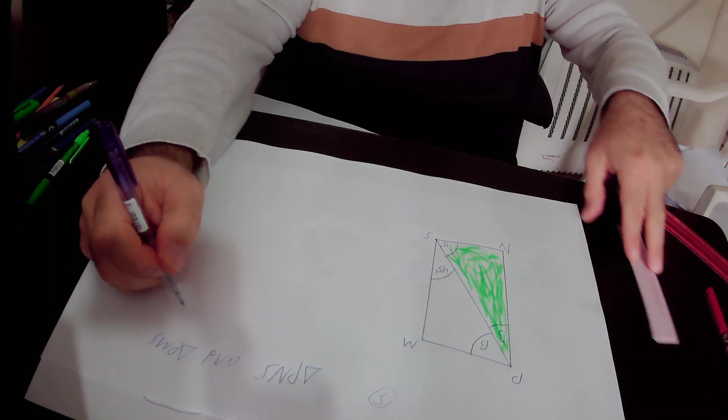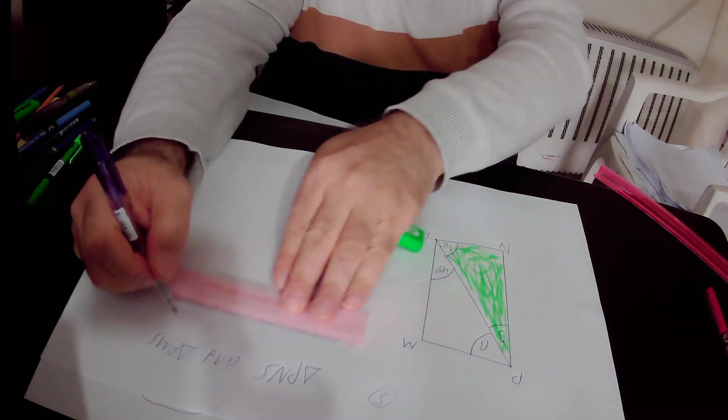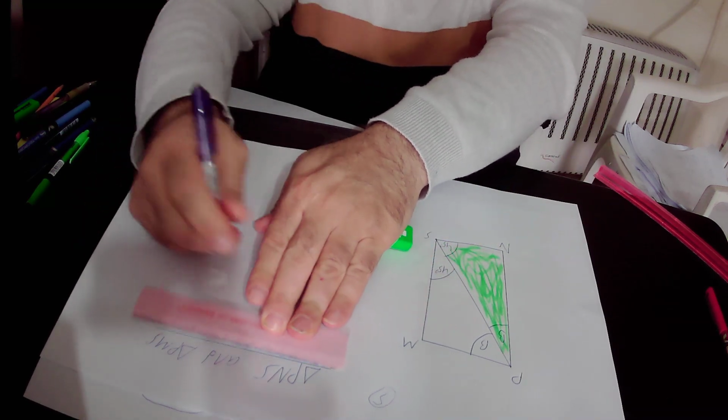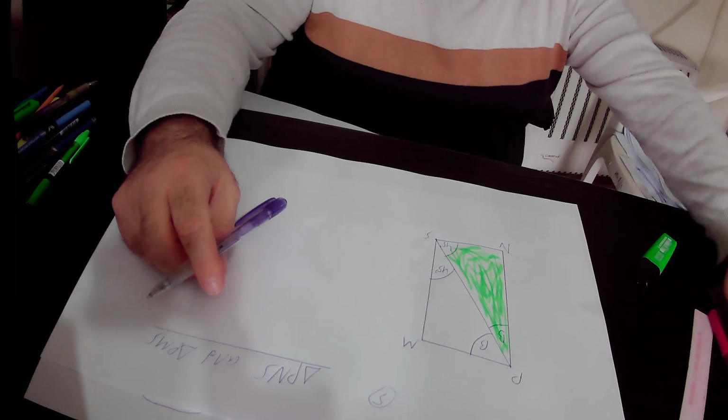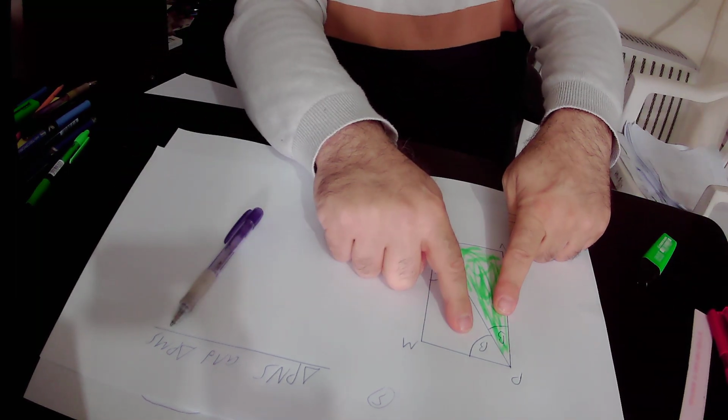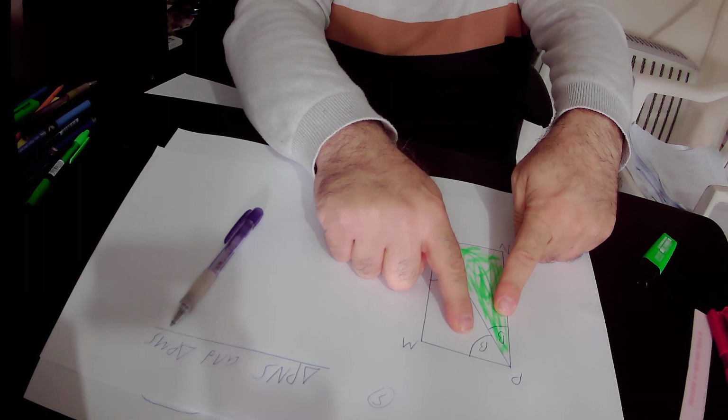So why are they congruent to each other? First of all, we have those two angles that are equal to each other, they are both equal to beta.